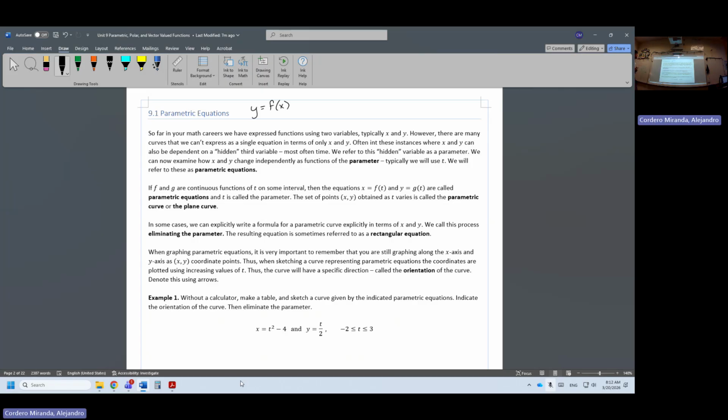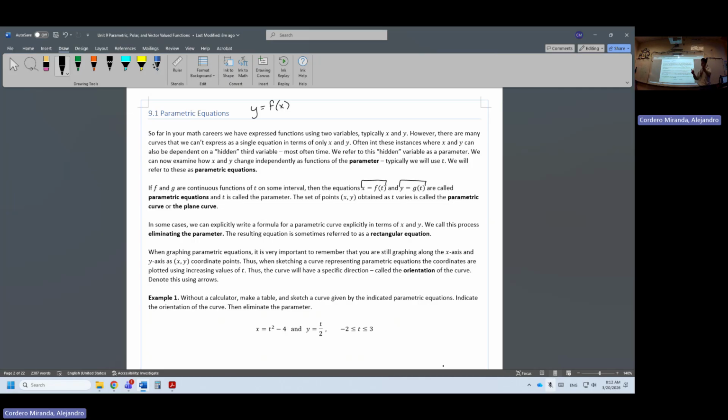Hidden third variable, parameter. Maybe I'll say it, but you're about to see it in the example anyway. Right here it tells you that x will have its own function that depends on time, and y will have its own function that depends on time.